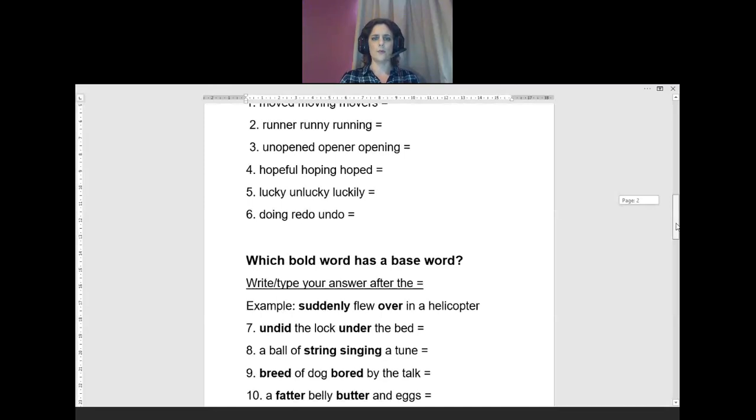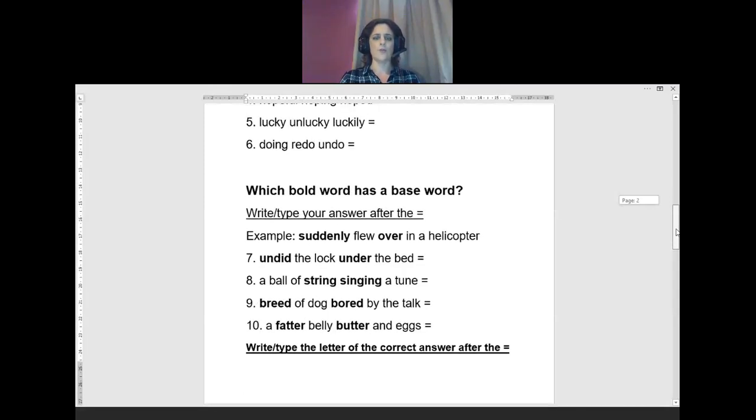Okay, what about this one? I have two words here that have been bolded. I've got to work out which one has a base word in it. This example one says, suddenly flew over in a helicopter. So it's not a whole sentence, it's just part of a sentence. Suddenly flew over in a helicopter. And I can see the two words that are bolded are suddenly and over.